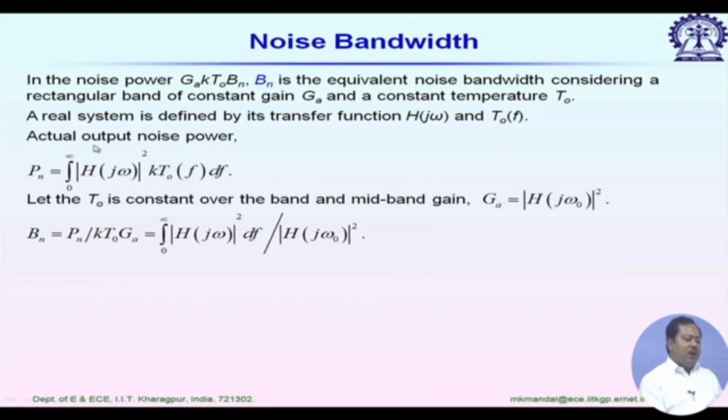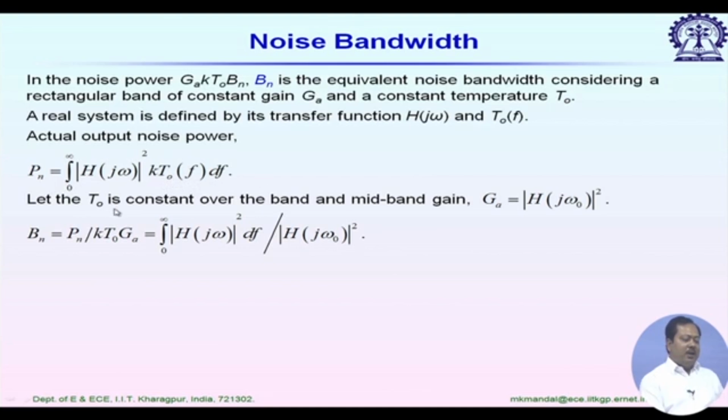Then the actual output noise power, we consider all frequency bands from 0 to infinity, and integrate over 0 to infinity |h(j omega)| squared k T naught df.